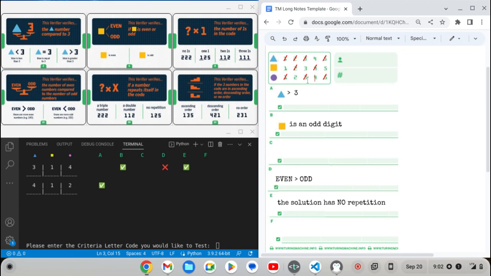It must be the 2 since there are no repeating digits. So far we've got 4 and 2 in triangle and circle.